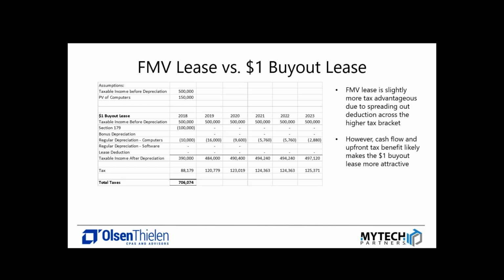And then the other one could be if I need the additional depreciation. Let's say hypothetically speaking, my business needs additional depreciation now. I could possibly benefit from a dollar buyout lease because then I can take the 179 or other bonus depreciation now, versus spreading out over time. But either way, it gives me that flexibility.